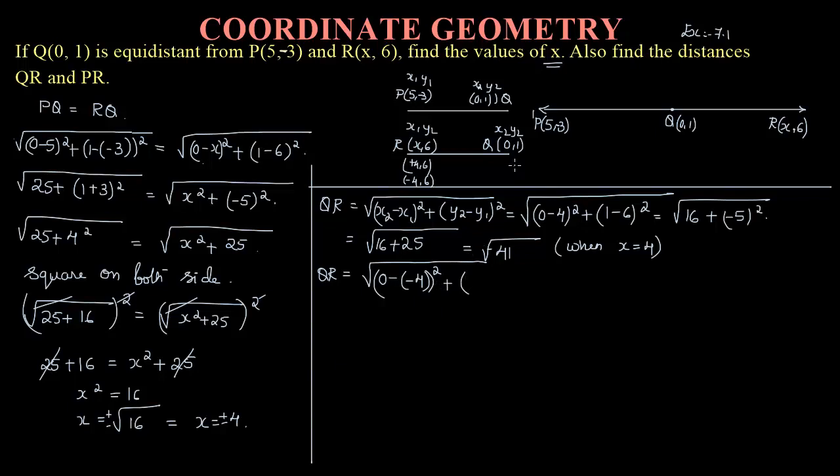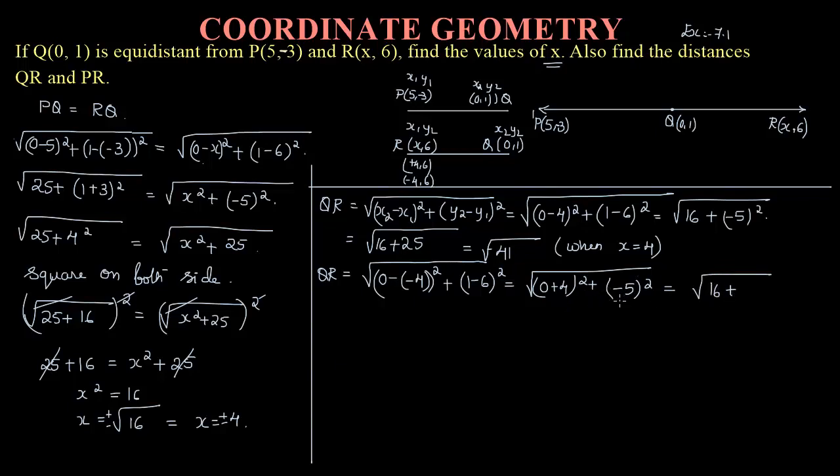Plus y2 minus y1, that is 1 minus 6 whole square. Right, then you have here 0 minus minus plus 4 whole square plus 1 minus 6. One is positive, one is negative. Again you subtract and write the bigger number's sign, that is negative here. 0 plus 4 is what? 4. 4 square is 16.